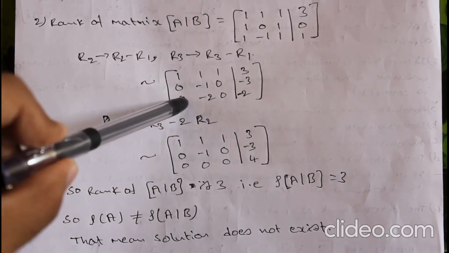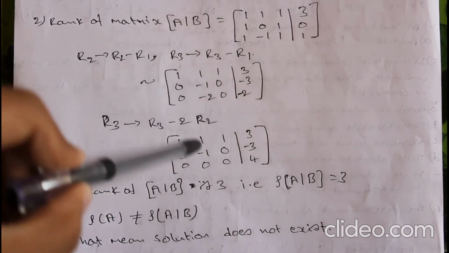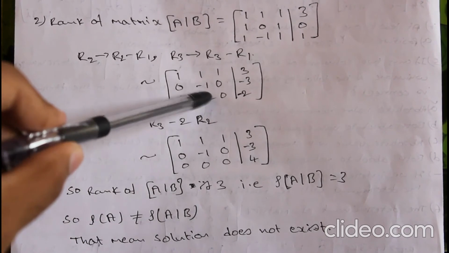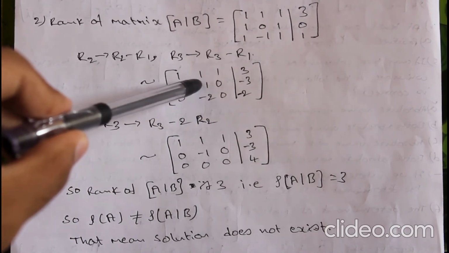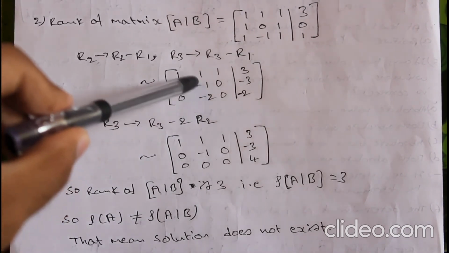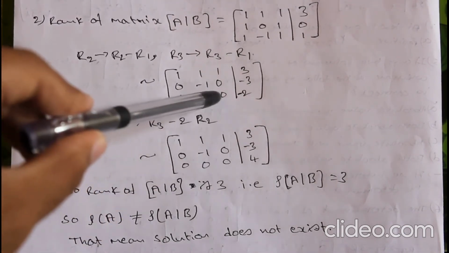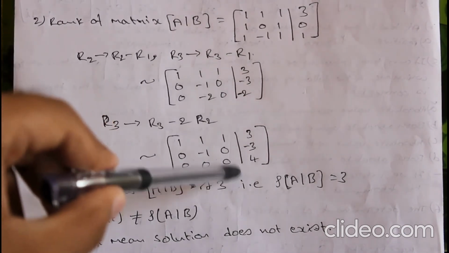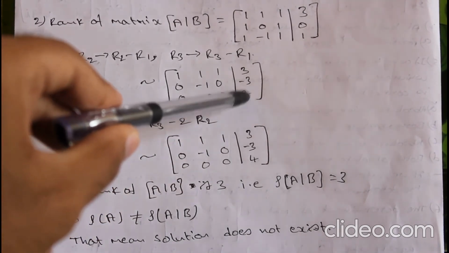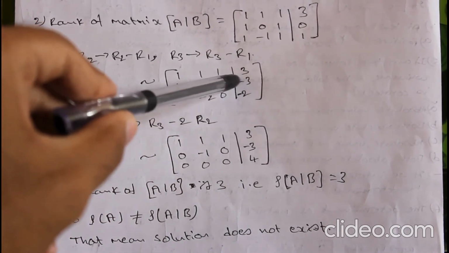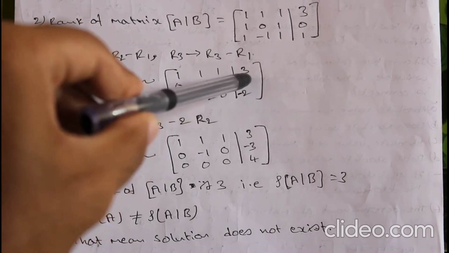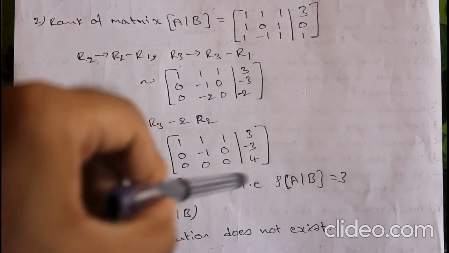So 0 minus 2 into 0 is 0. Minus 2, minus 1 into minus 2, that is 2 plus... minus 2 plus 2 is 0. Then 0 minus 2 into 0 is 0. Minus 2, minus 3 into minus 2 is plus 6, so plus 6 minus 2 is 4.